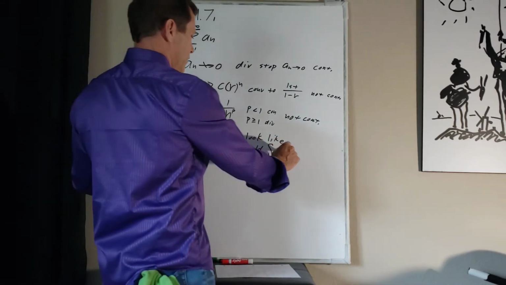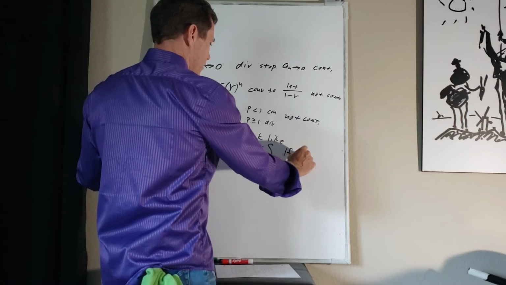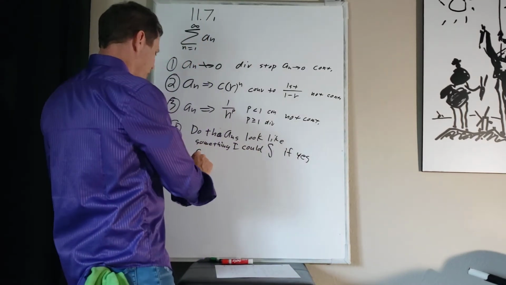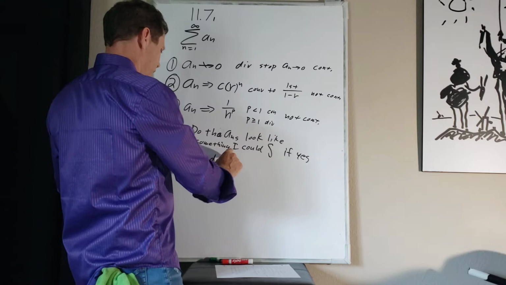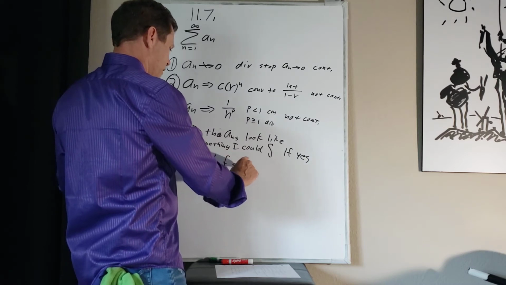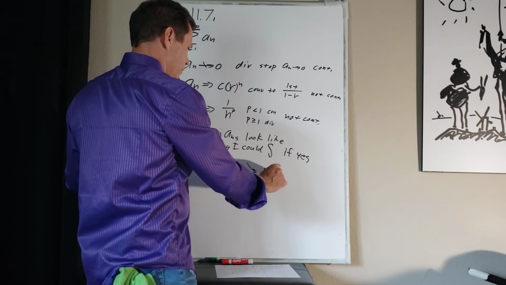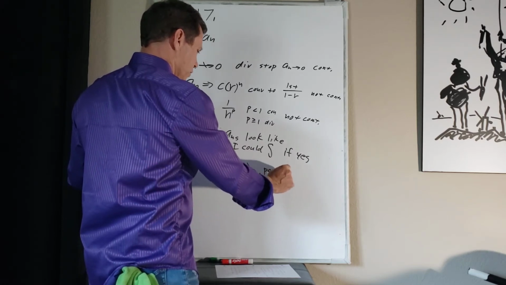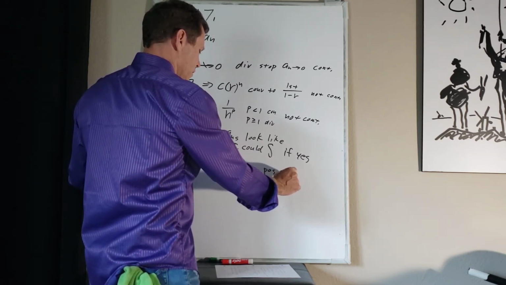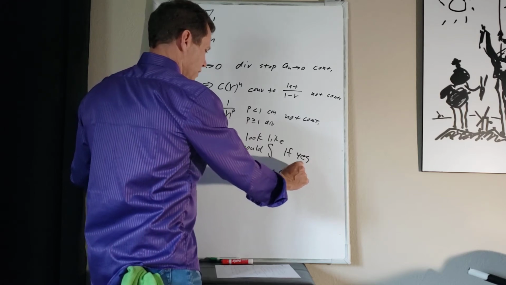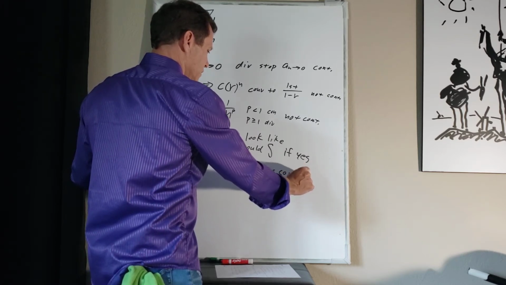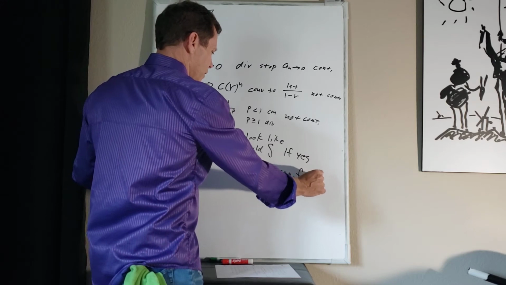If yes, then you got to go find f such that it's decreasing, positive, and continuous. And the last thing is that f of n equals AN.